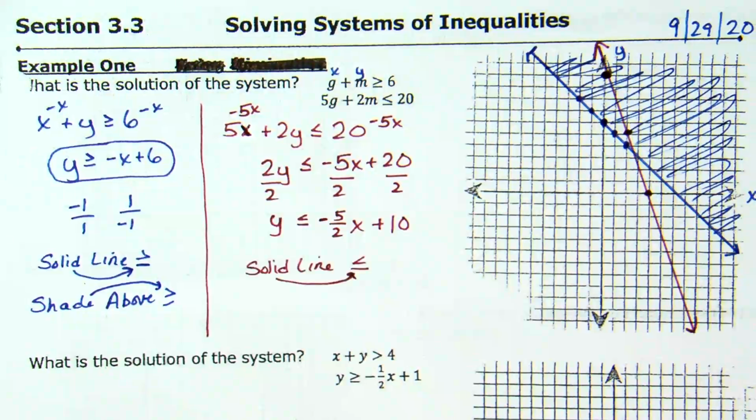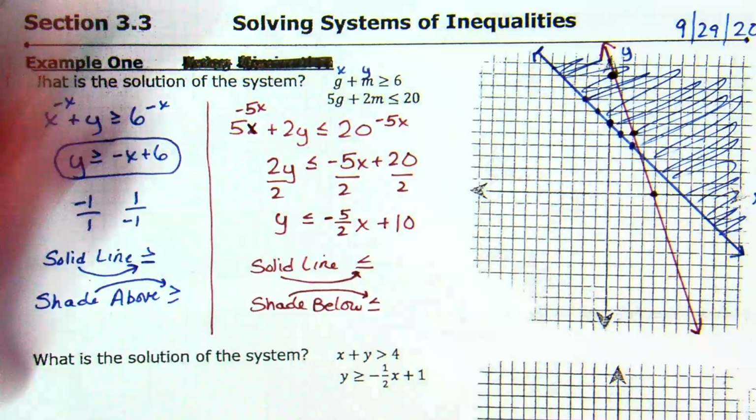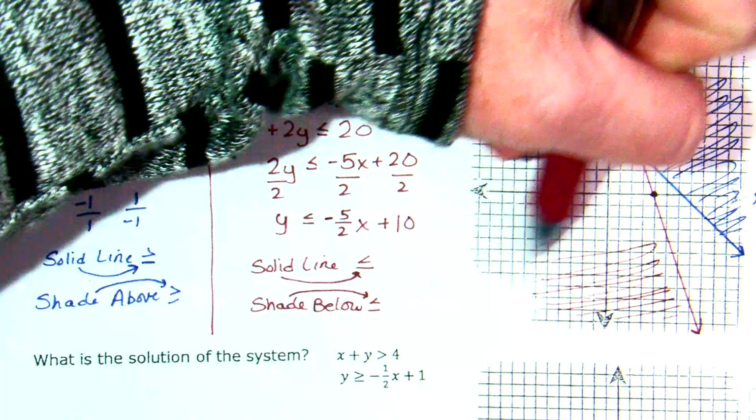This one is a less than symbol. So because it is a less than symbol, we are shading below. Where is below on this line? Happens to kind of be on the left because of the negative slope. Okay. Again, don't go too crazy with your shading.